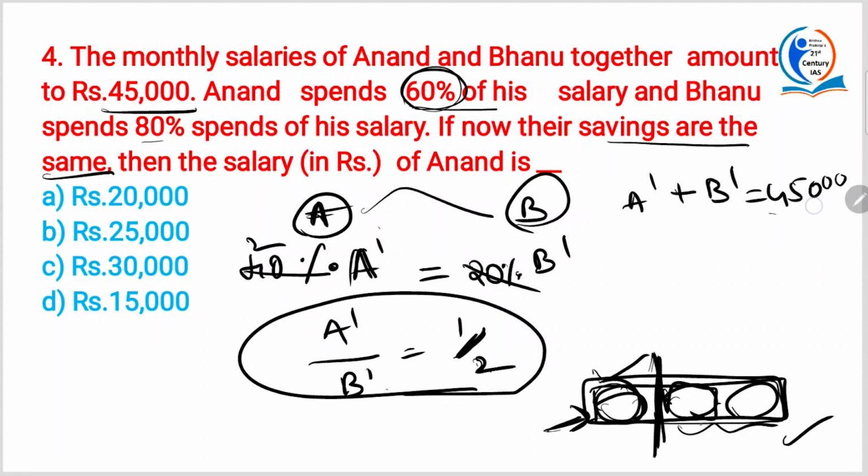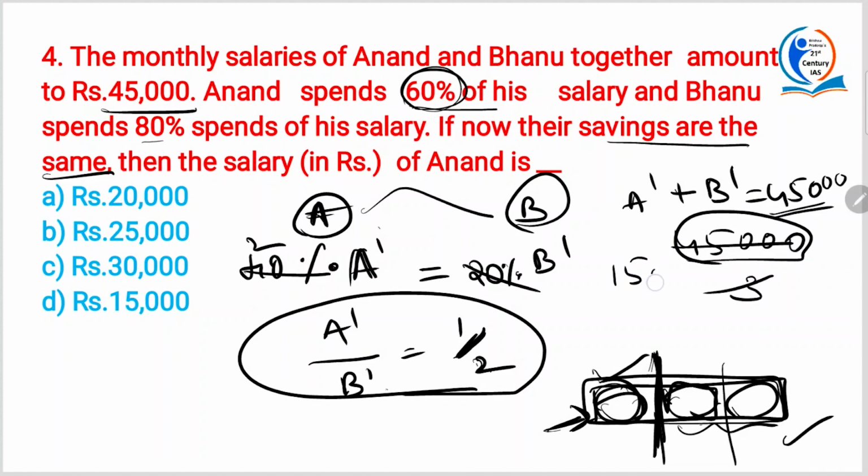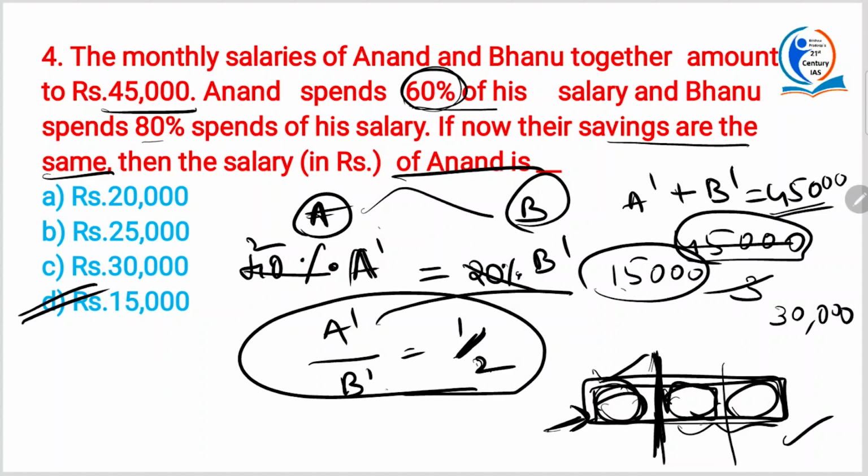In the same way, this 45,000 you have to divide into 3 equal pieces. So one piece value is 15,000, and the other 2 pieces together would be 30,000. So 1 piece is A dash, 15,000. That is A's salary, that is what they are asking. Isn't it easy?